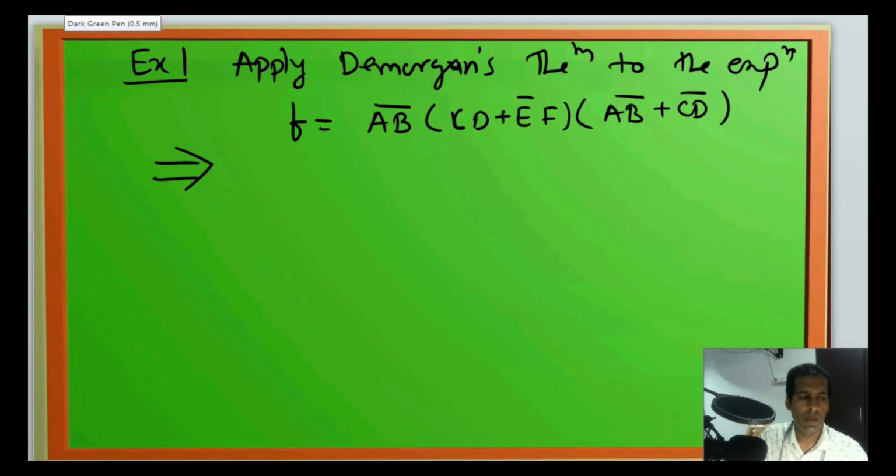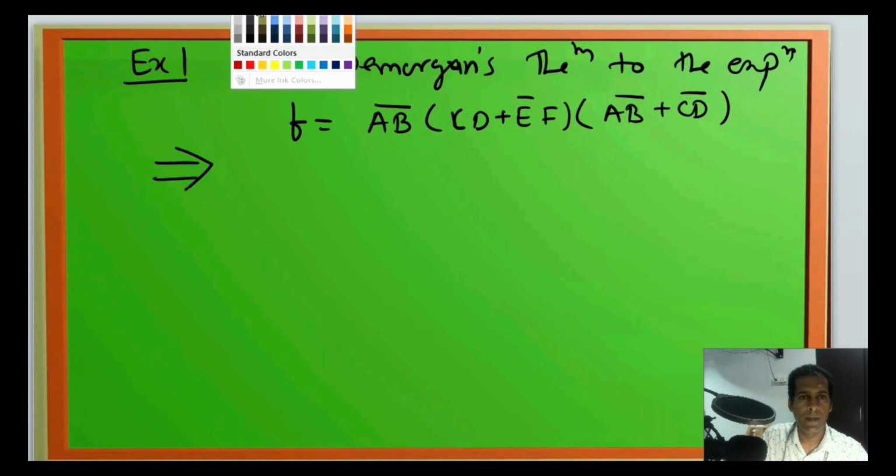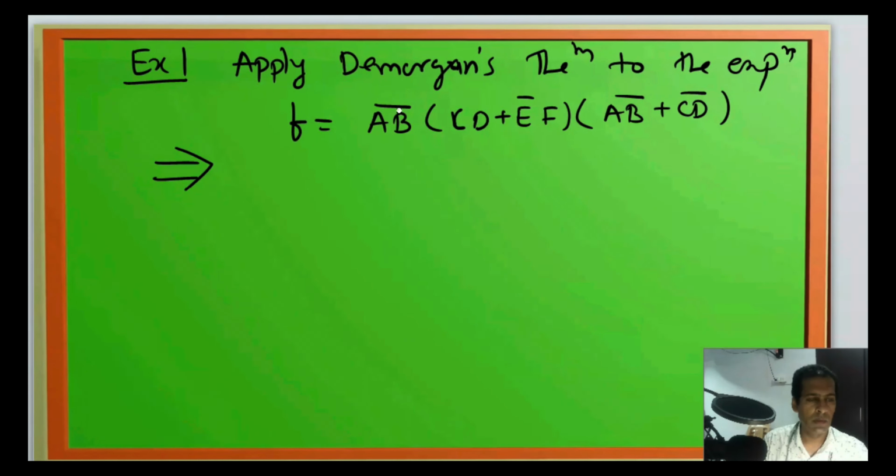Let us write it down. Let us take the complement of this one. If we take the complement of this, we will get AB, the complement of this CD bar, the complement of this, we can write, it can also be written as E bar F whole bar.